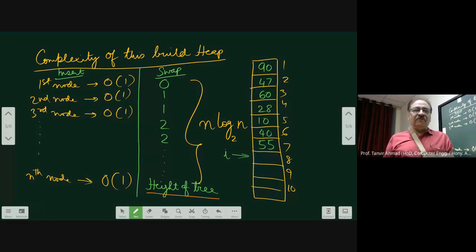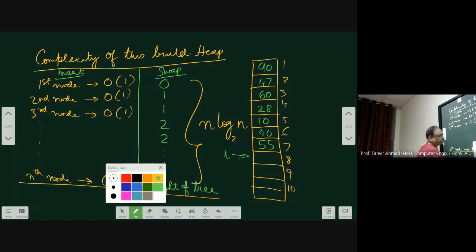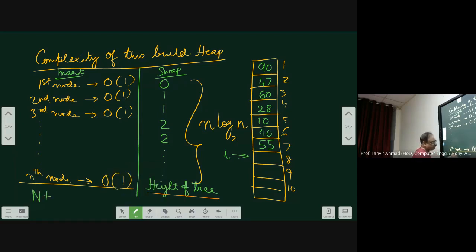Therefore, for n nodes you require n log n times to swap. Therefore, the total time complexity to build the heap will be given by n plus n log n. Why n?